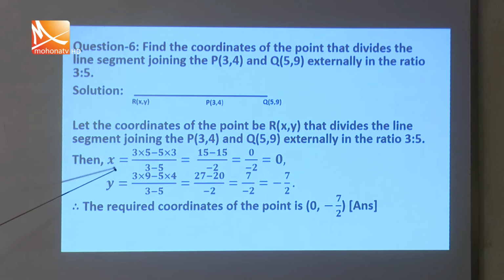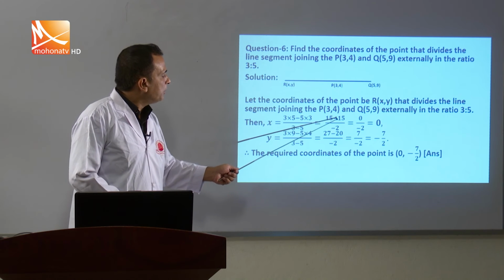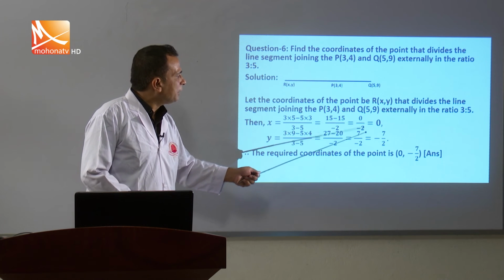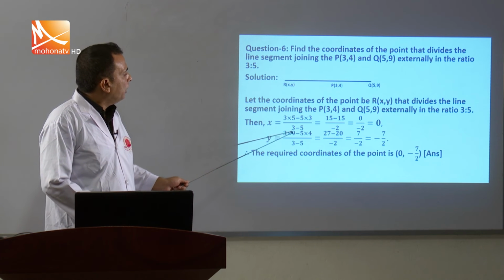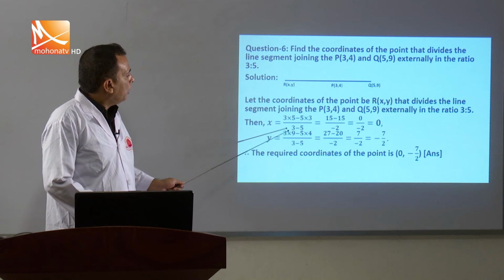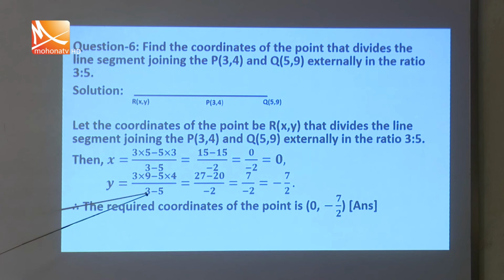Then we can write x equals, the formula is, (m1 x2 minus m2 x1) by (m1 minus m2). So it will be 3 into 5 minus 5 into 3 by 3 minus 5. Ultimately it will be 15 minus 15 by minus 2, so 0 by minus 2, which equals 0. So y equals (m1 y2 minus m2 y1) by (m1 minus m2).